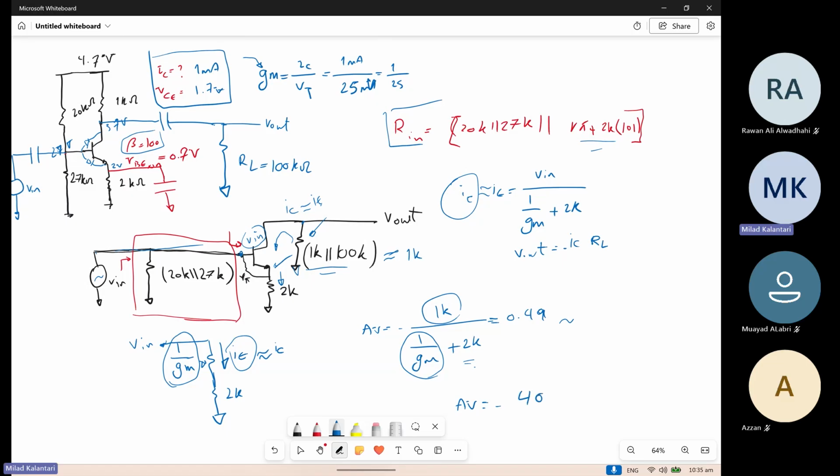It's 40. GM times 1K, right? If you make this 0, then the gain will be negative 40. Is that clear?